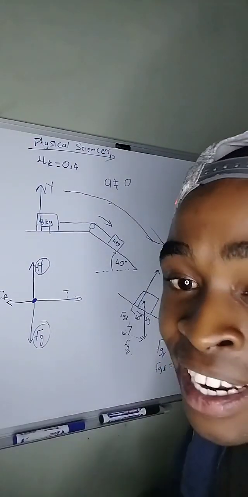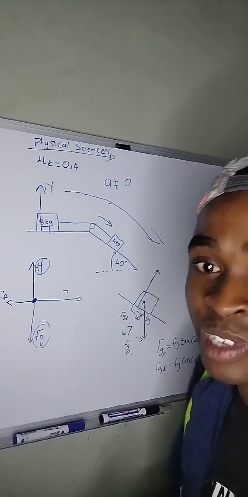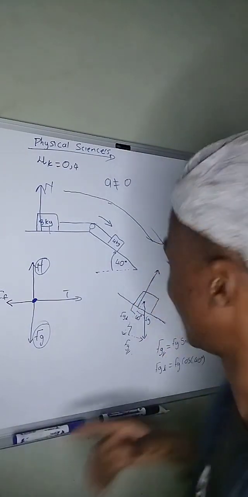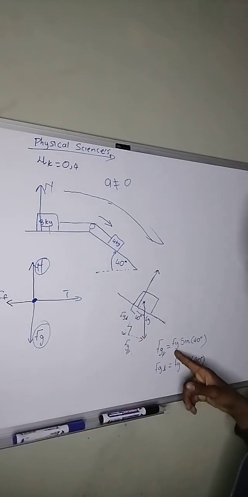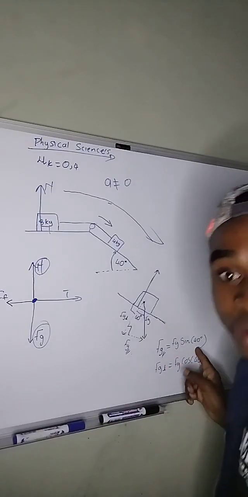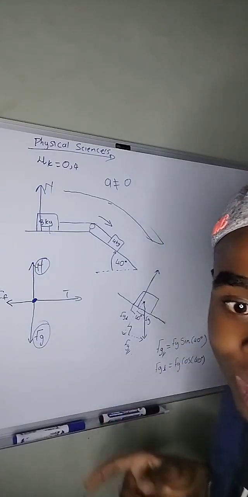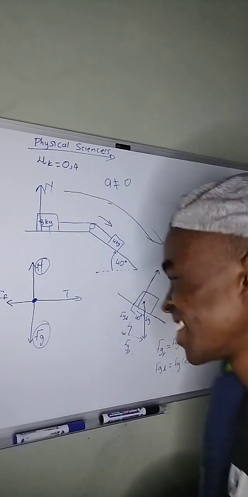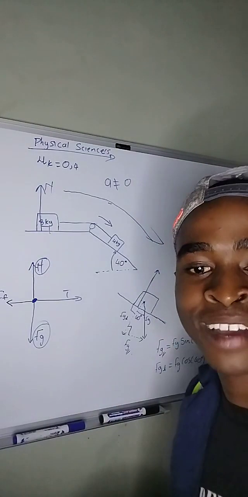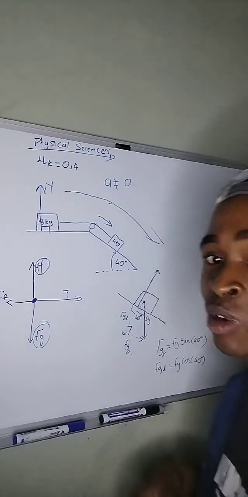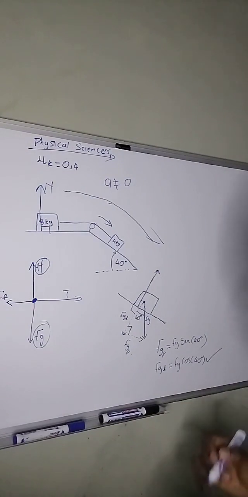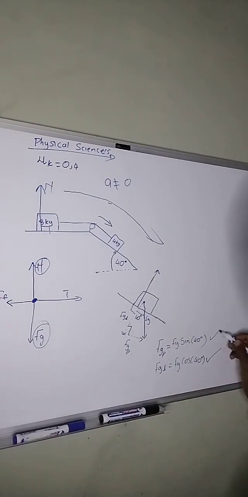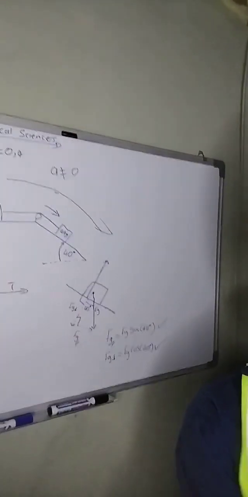FG parallel is FG sine 40. When you go parallel with your partner, you sin. But if you got me, you'll pass this scenario. So this is what we're going to have, and this is what we are going to have.